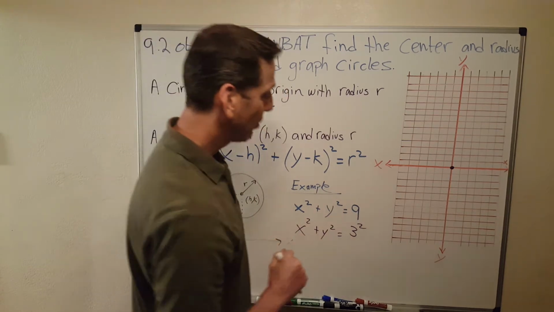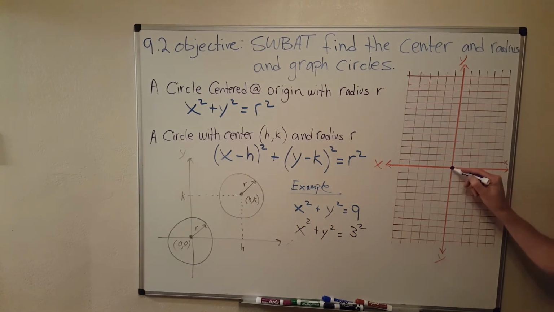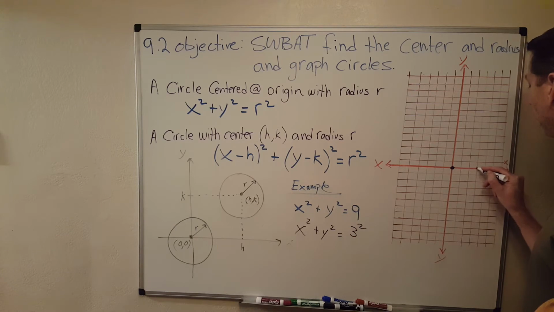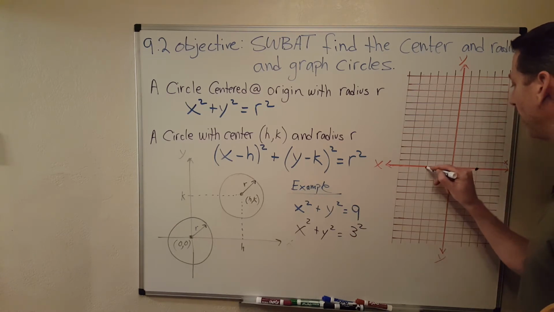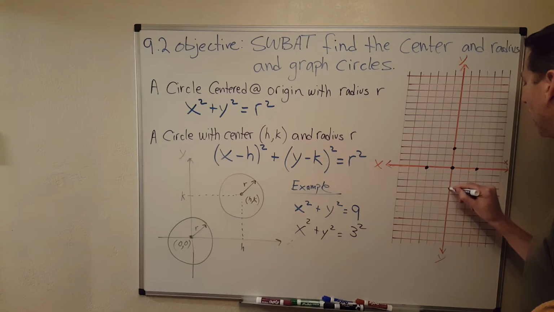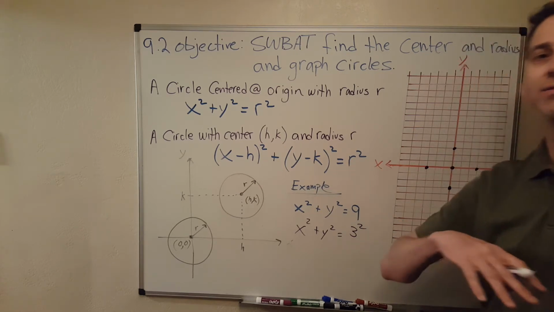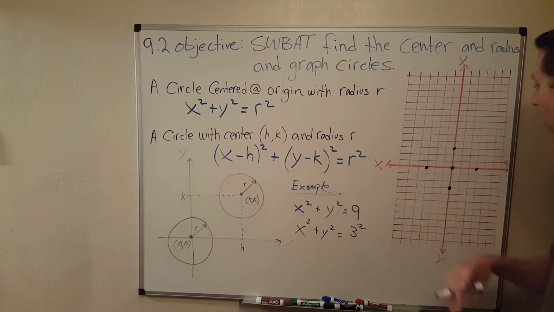Knowing that my radius is 3, and my center is at the origin, I just count 1, 2, 3, in each direction. And a circle has all equal lengths; the radius is equal in all parts of the circle.